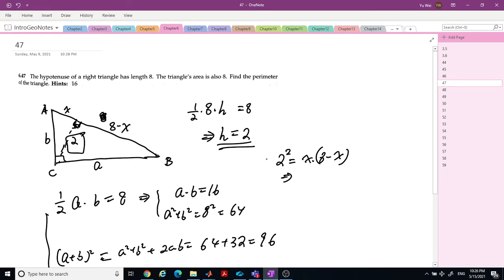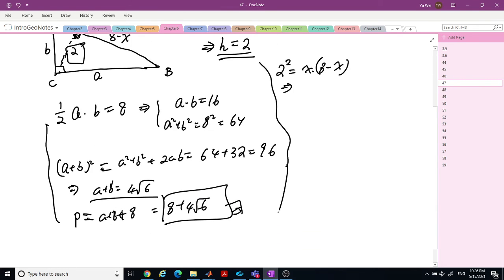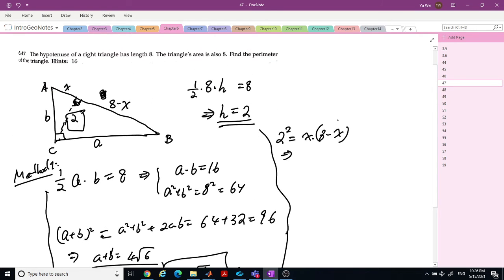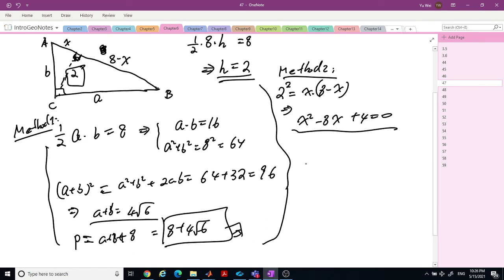So we can also solve, this is method 1. For method 2, we can solve this equation, x squared minus 8x plus 4 is equal to 0, right? So we can solve this one.